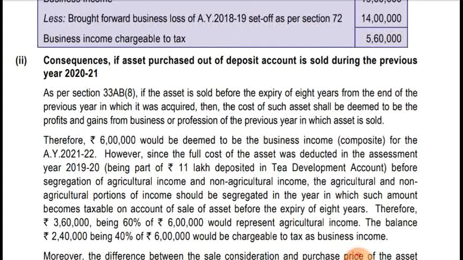So in this also, of 6 lakhs we will do 60-40. 60% will be agriculture income and 40% will be business income. Therefore 3,60,000, being 60% of 6 lakh, would represent agriculture income. The balance 2,40,000, being 40% of 6 lakh, would be chargeable to tax as business income.